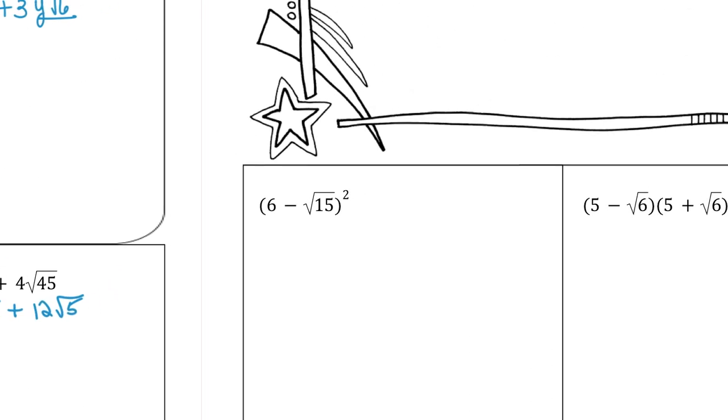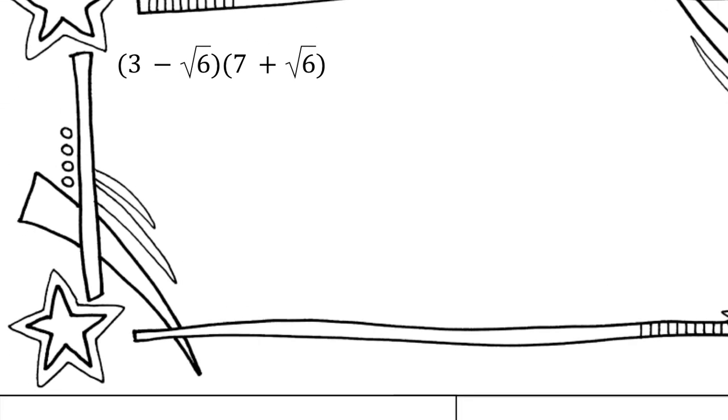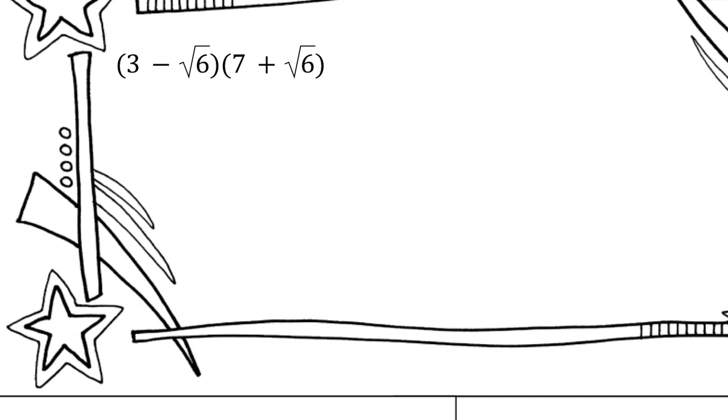Okie doke. So now, let's see if you can do this. And you got 21. Then you multiply 3 times square root of 6.